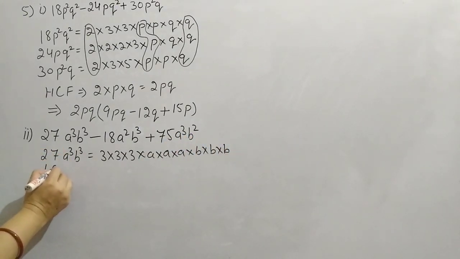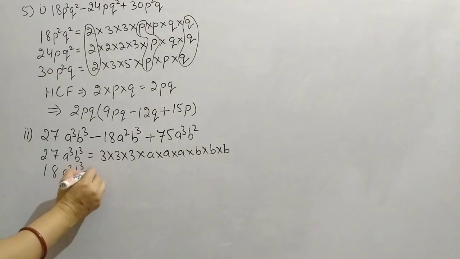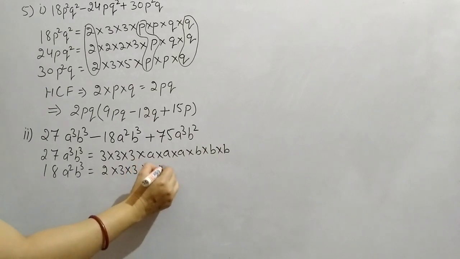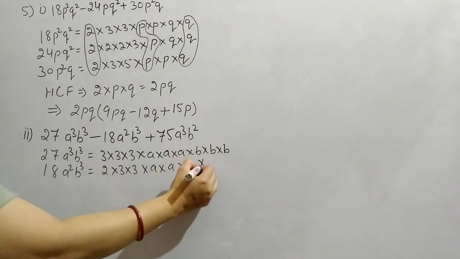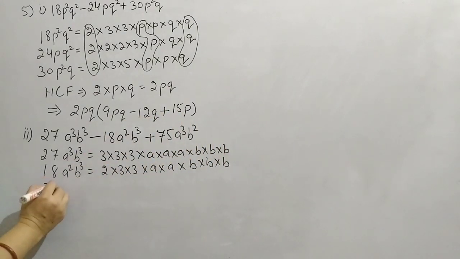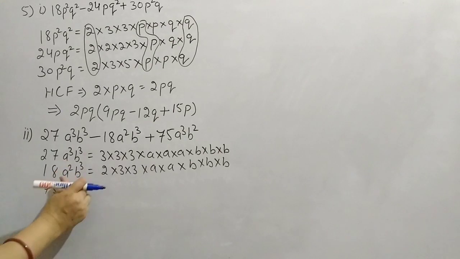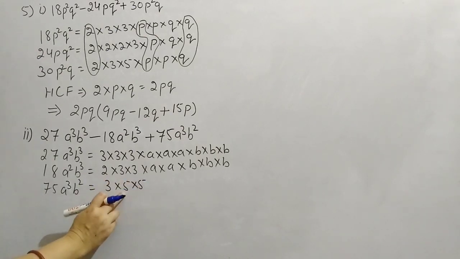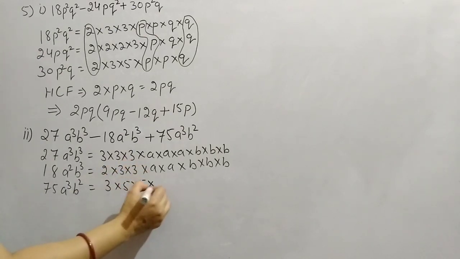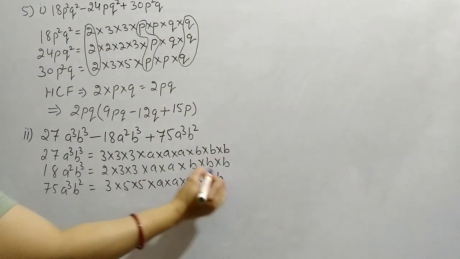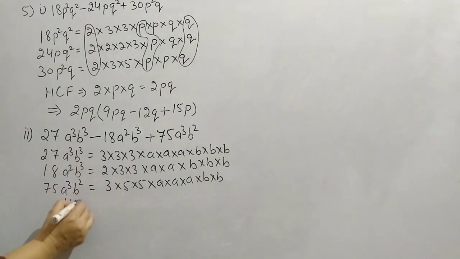Second term 18a square b cube, which we can write as 2 into 3 into 3, into a into a and b into b into b. Third term we have 75a cube b square, which you can write 3 into 5 into 5, 3 5 is 15, 15 5 is 75, then a into a into a, b into b.